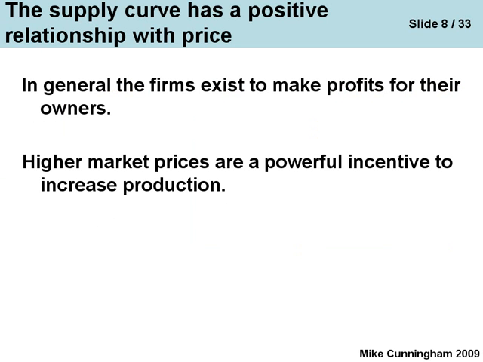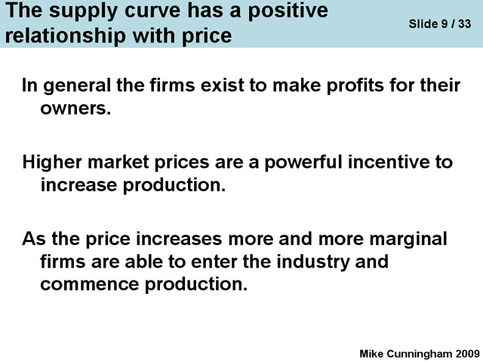Price rises, output increases. It could also be the case, of course, that more marginal firms, perhaps companies in the past who were put off from entering the market because maybe the price wasn't right or whatever, these companies now see the price rising for this particular product and they have an incentive to join the market.